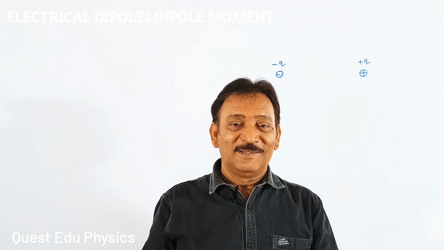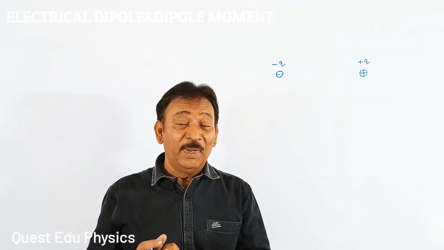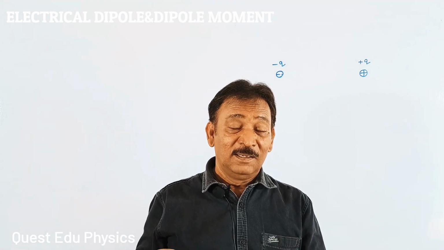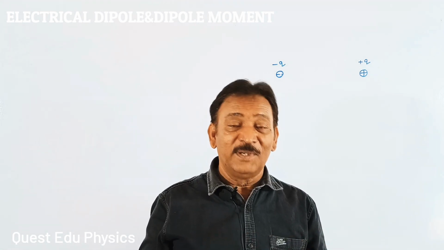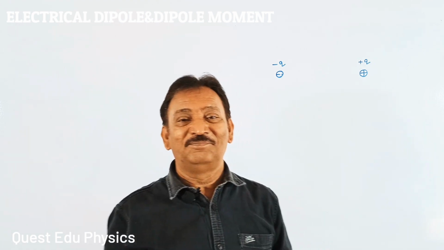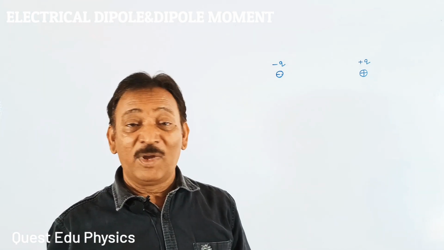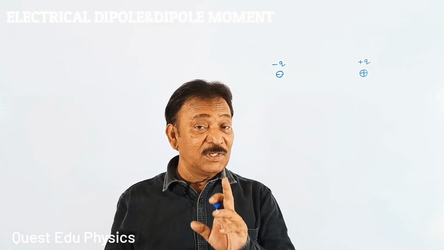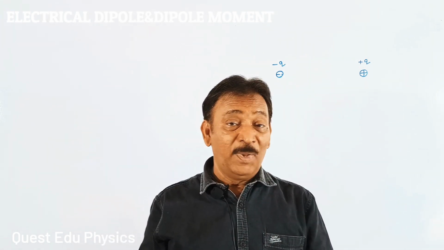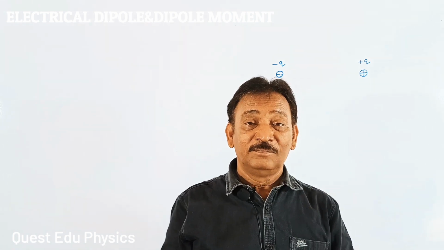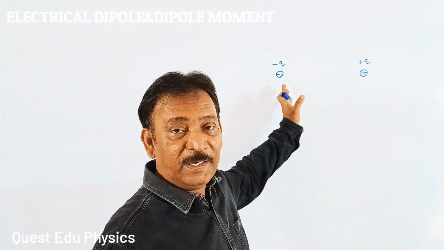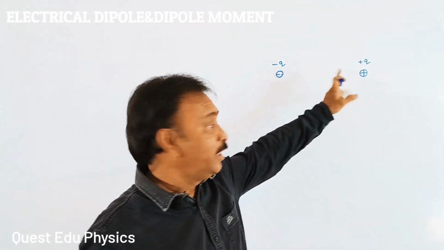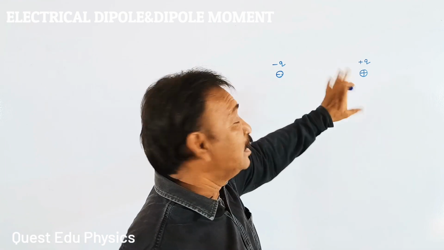If two charges are separated by a certain distance, this arrangement is said to be a dipole. And the condition is these charges must have the same magnitude, maybe their polarity is different. Here, you will find it is a negative charge and it is the positive charge, separated by a certain distance, and it constitutes a dipole.